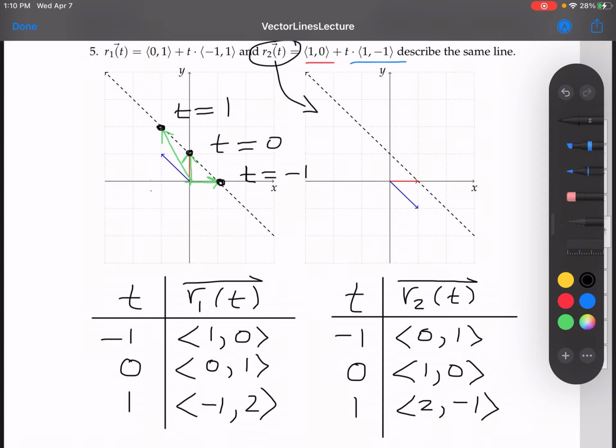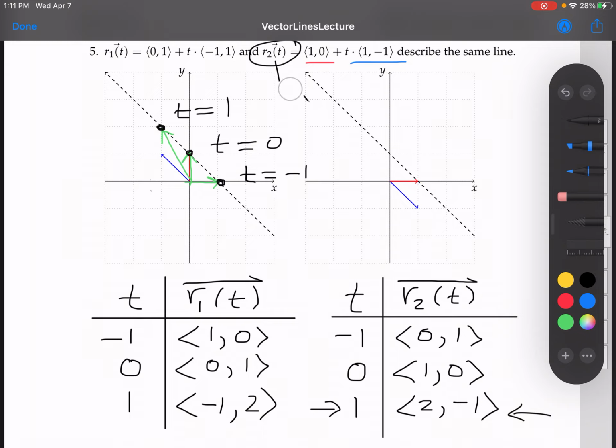Now turning our attention to t equals 1. That's that vector there. We move it, drawing our vector sum. We point to that point there. That's the point 2, negative 1. So r2 of 1 is 2, negative 1.